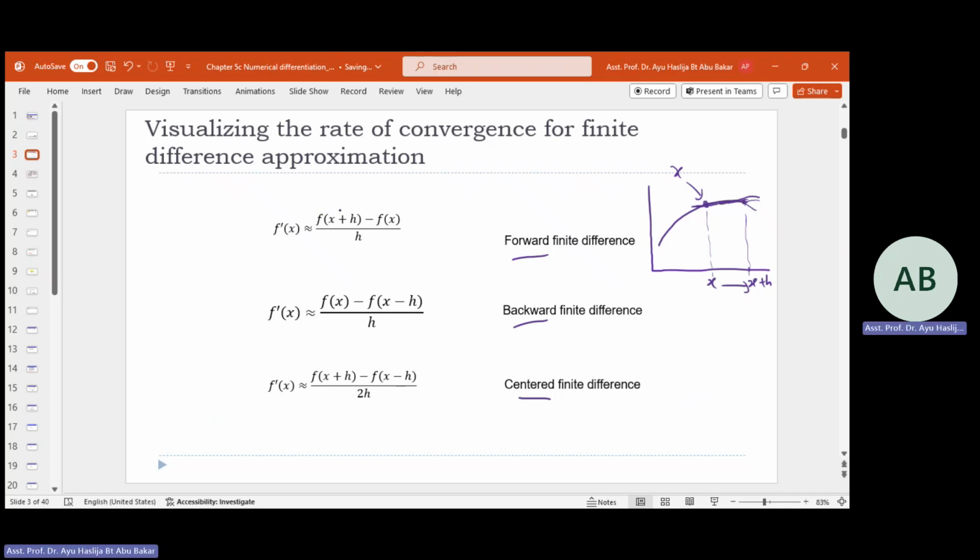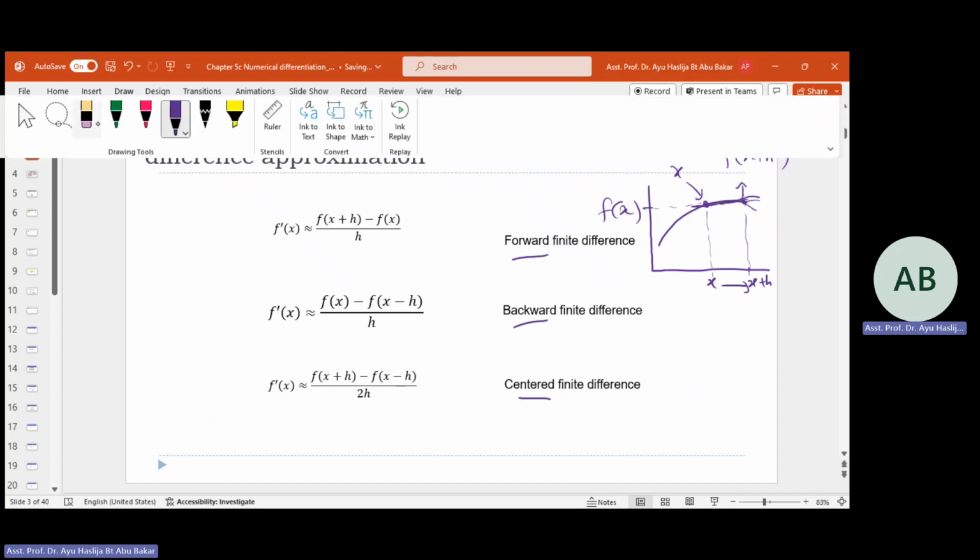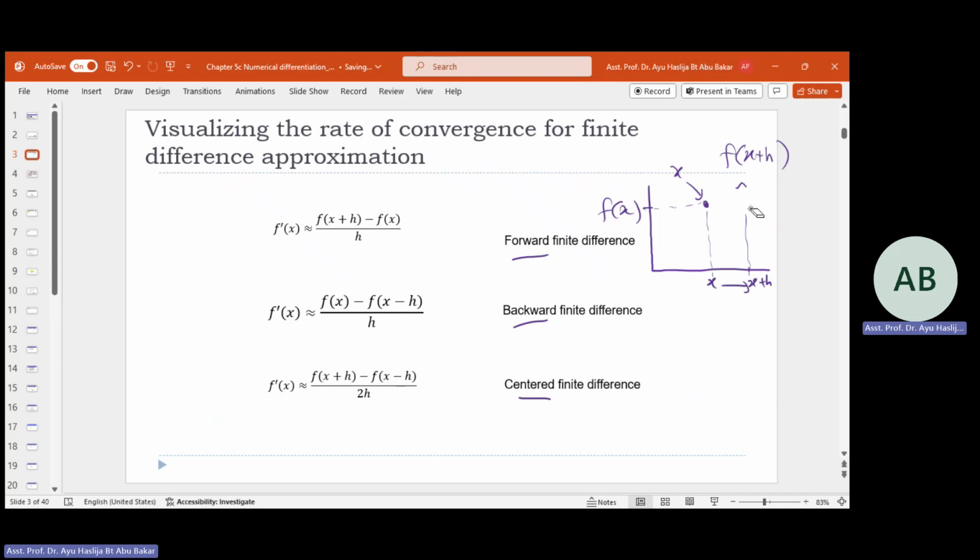Here you see it involves the slope equation, the f(x plus h) with this. This is f(x plus h), the f(x) value. Then here is the f(x). Wait, I improvise the curve so that we can see the difference.